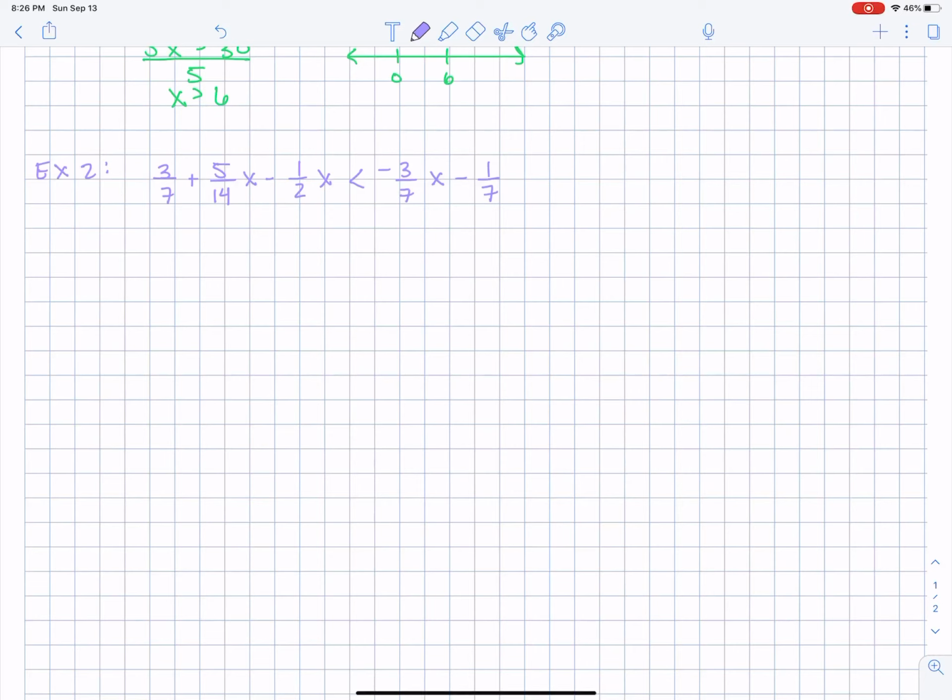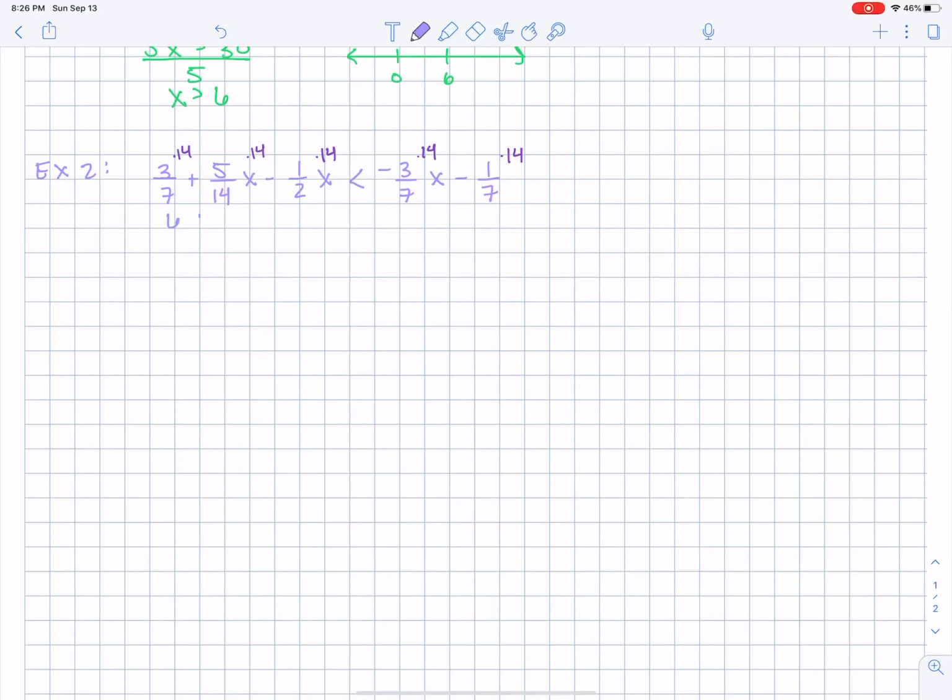Okay, as always, feel free to pause. But if you notice here, this one is an easy fraction bust if we multiply by 14. I have a lot of terms here, so I have to write 14 a lot of times. If you get tired of writing, you can just put parentheses around everything and then put a 14. So 14 divided by 7 is 2 times 3.